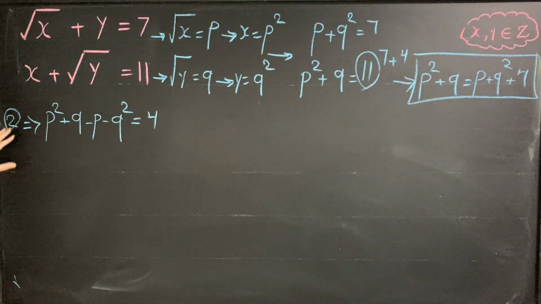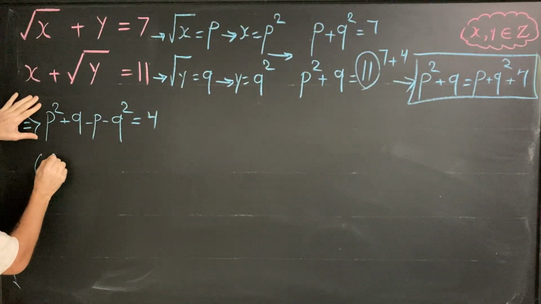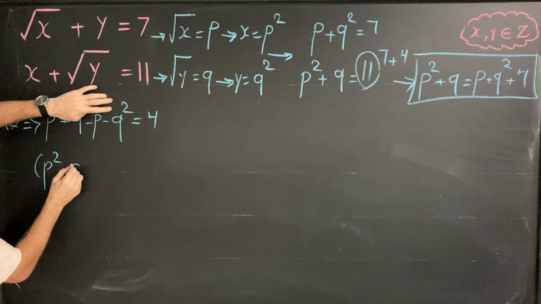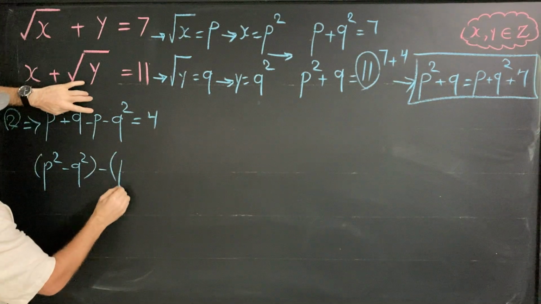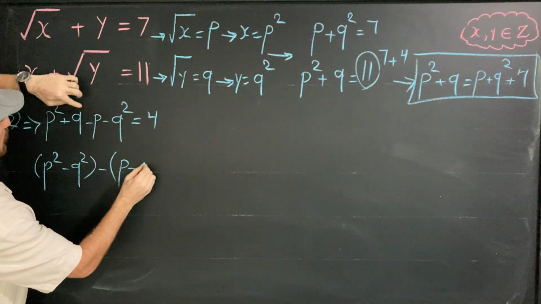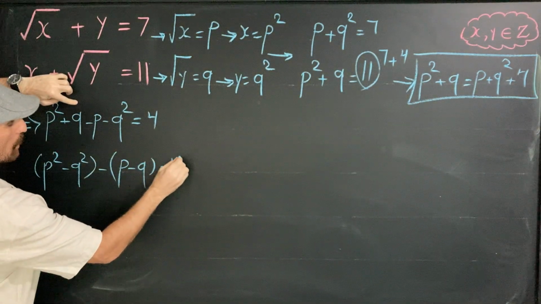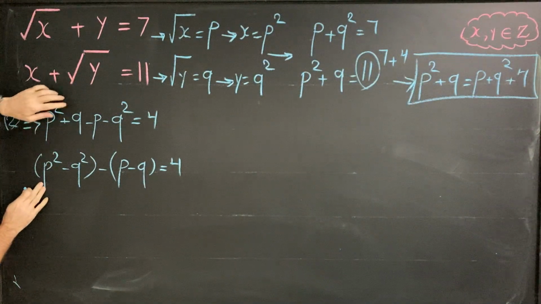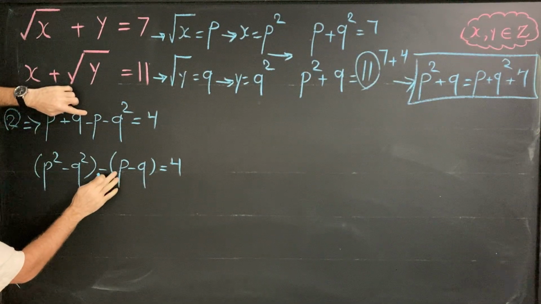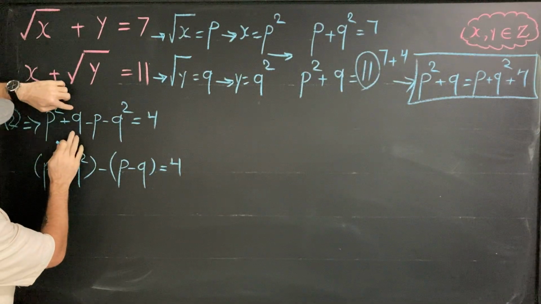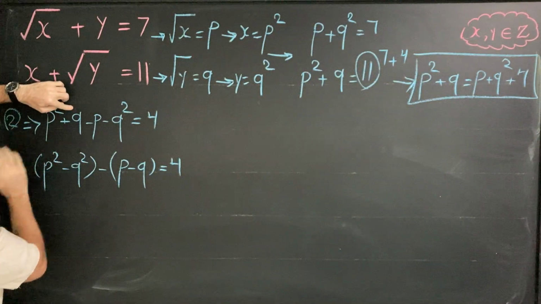Let's group them. P squared minus q squared minus p minus q equals 4. Look, this p squared, this minus q squared, negative p, negative times positive, negative, positive q, negative times negative, positive.